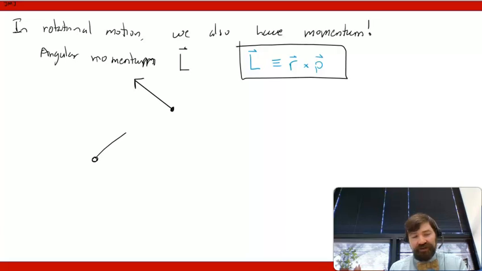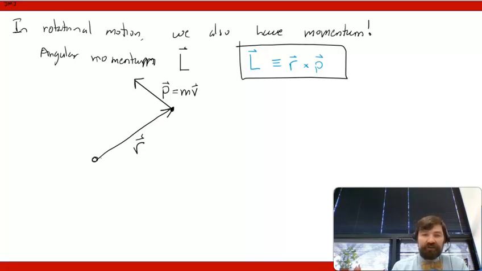Here would be my r vector. This would be my p vector, which again is m times v. The cross product is going to be the cross product of this vector to that vector.